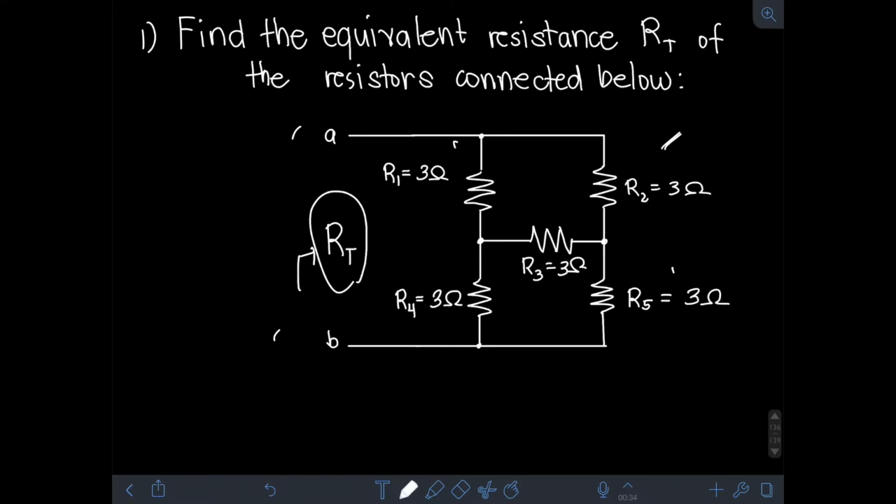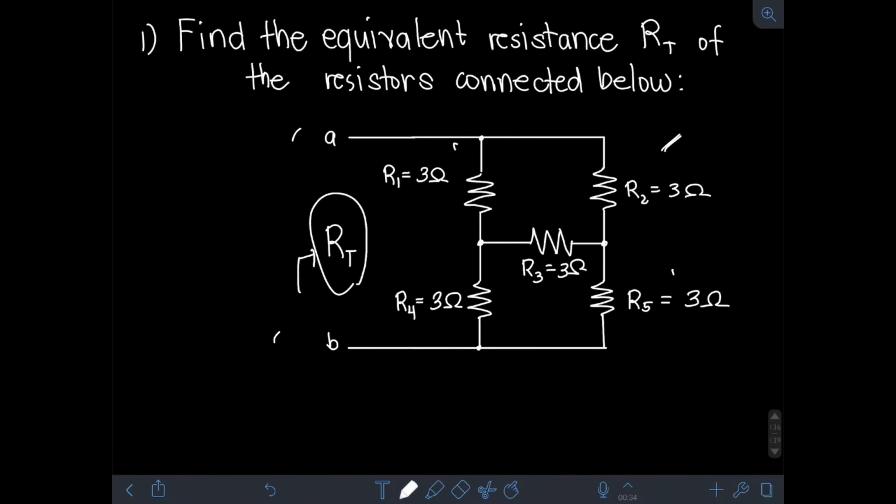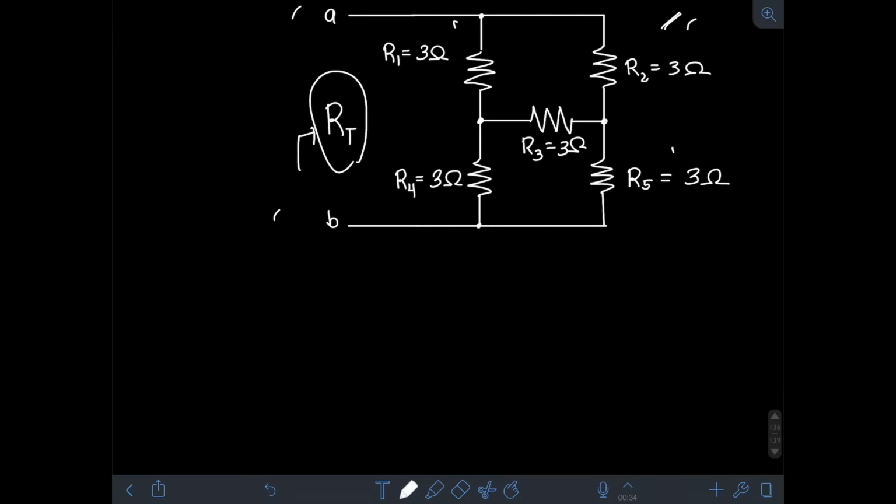So we actually have a Y and delta connection of resistors here, right? The resistor connections are drawn in a square shape, but we can redraw this network of resistors in a triangle shape so that we can better visualize the delta and Y connections. If we redraw that, it can be drawn like this.